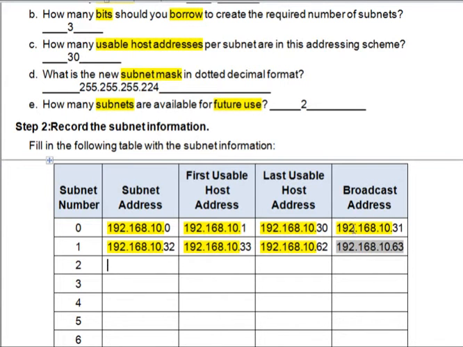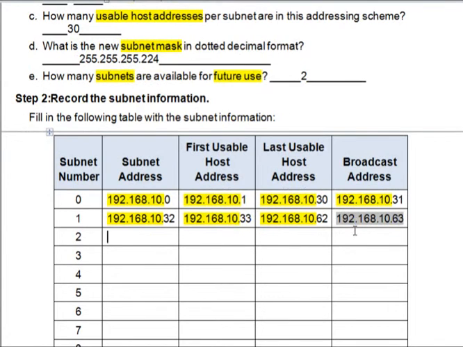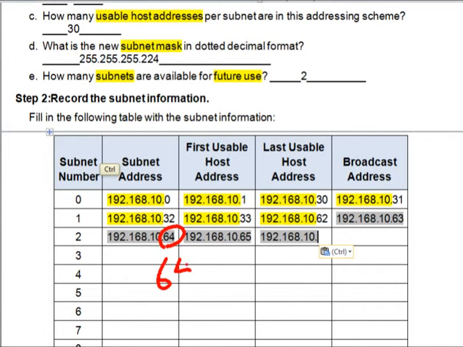So we can continue to proceed for the rest of the subnets. For this one will be 192.168.10.64, and first usable host address will be 10.65. Last usable host address will be 64 plus 30 in this case.